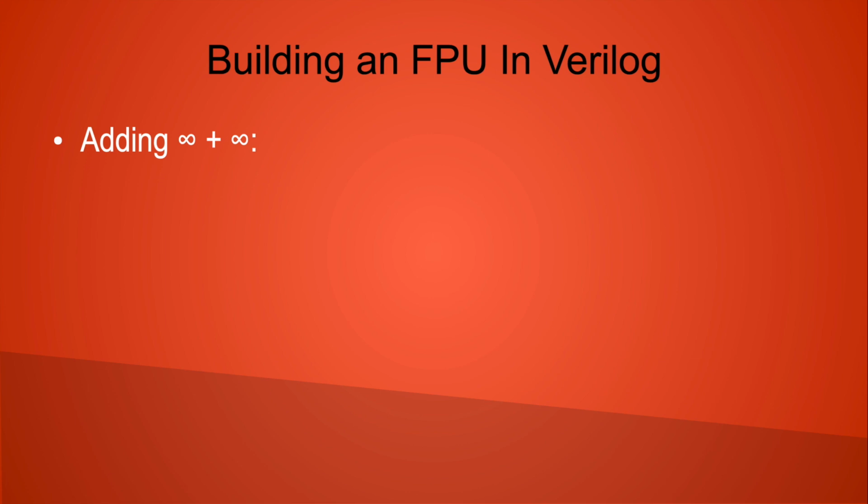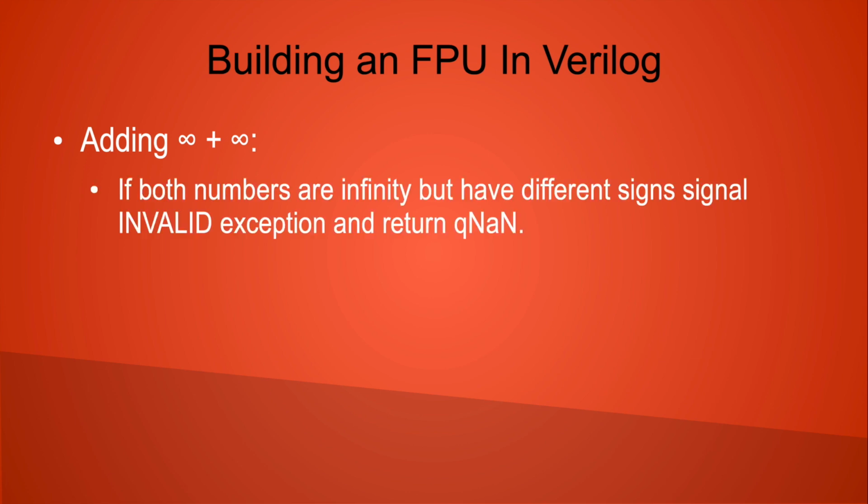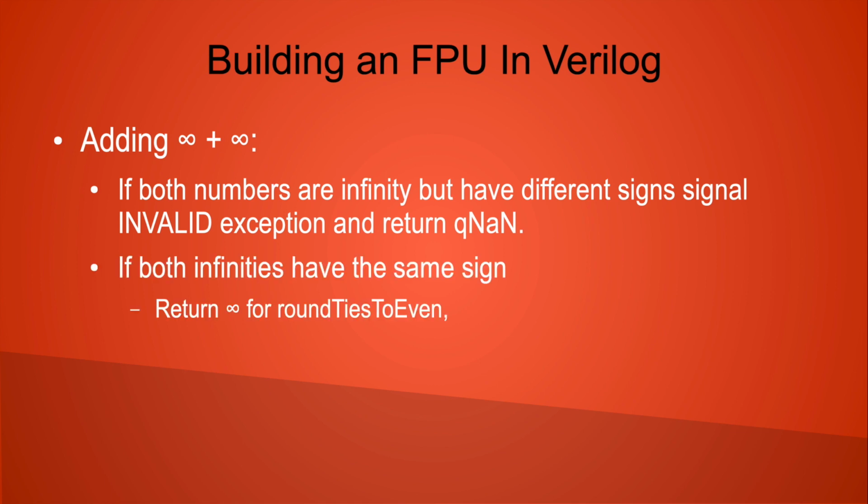The next special case is when both of the operands are infinite. If the signs of the two infinities are different, we need to signal an invalid exception and return a quiet NaN. If the rounding attribute is round ties to away, then we return the appropriate signed infinity value.